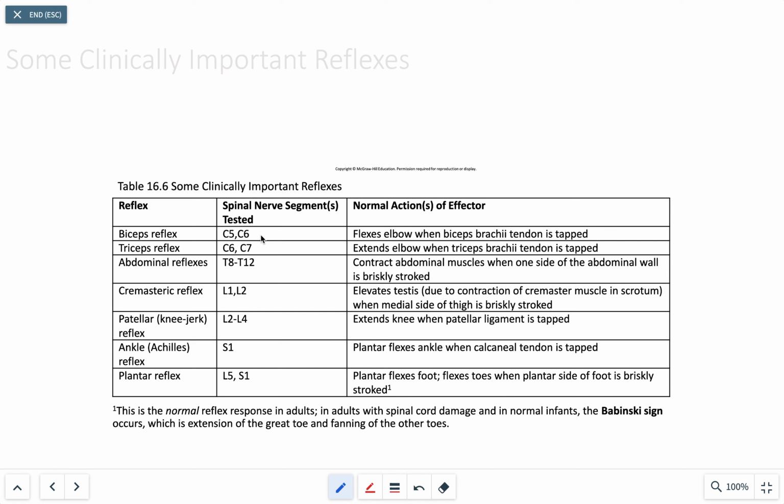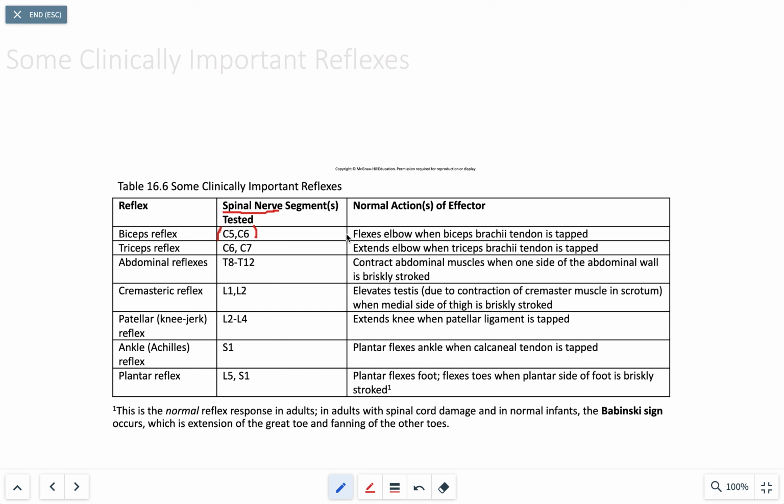You find these associated with the spinal segments. Reflexes are important because they check the overall integrity of the spine. When we're activating a bicep reflex, we're really looking at the overall health of the spinal cord at C5 and C6.